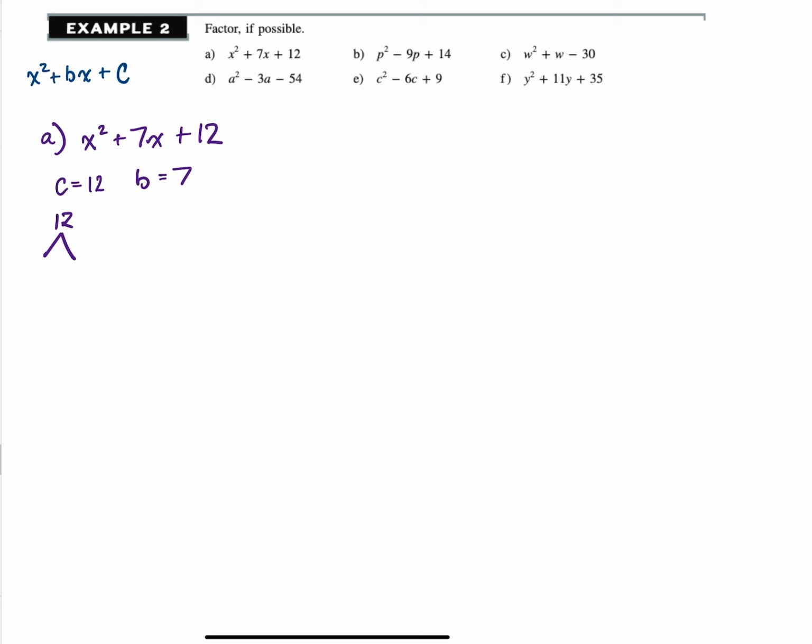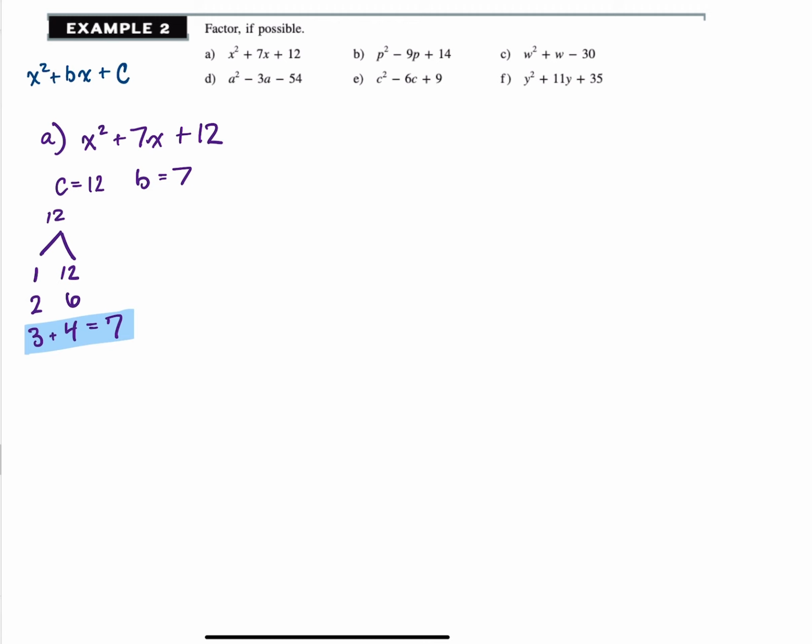So we can just go through and think about what are factors of 12. Well, 1 and 12, but if I add those, I get 13. We have 2 and 6, but if I add those, I get 8. And then 3 and 4, the sum of these is positive 7, which is what we want.